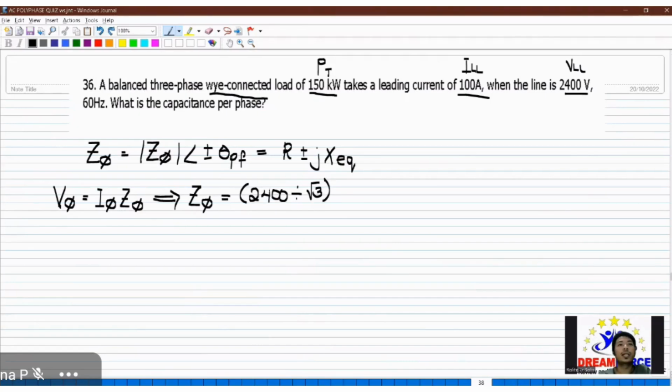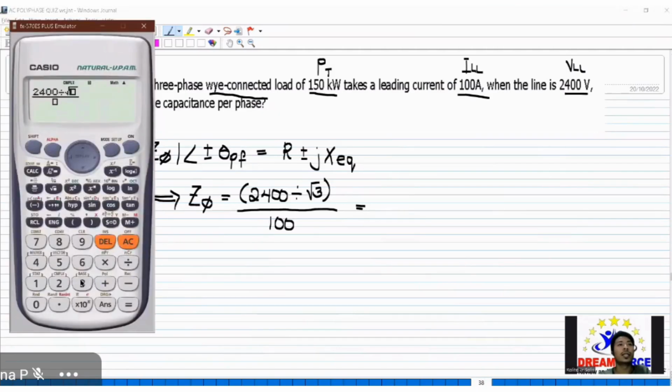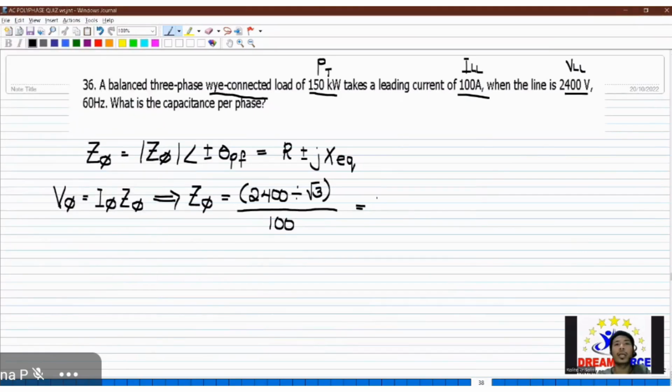Hindi ko na ilalagay yung angle kasi magnitude lang yung hinahanap natin sa Z per phase, and wala naman tayong angle ni kuryente, hindi binigay. So that is 100. Parehas lang po siya, no? With per phase, since our given connection is Y, square root of 3, then that is divided by 100. 13 point, sige, round off, 13.86 ohms.